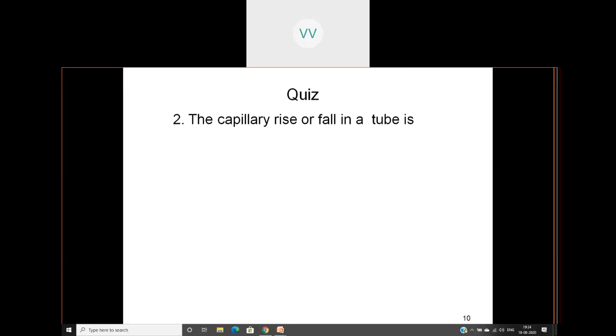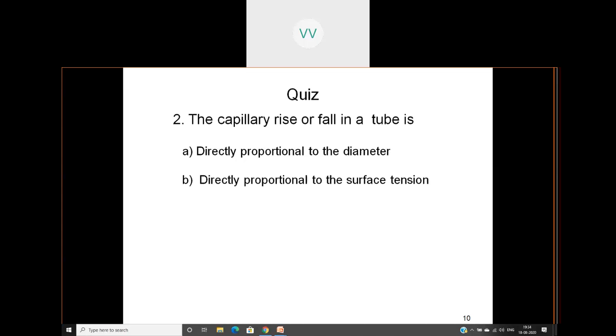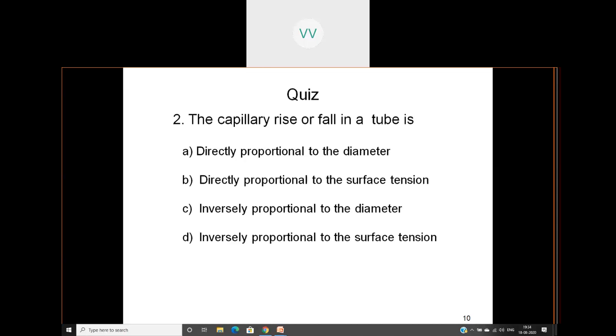Next, capillary rise or fall in a tube is dependent upon: directly proportional to the diameter, directly proportional to the surface tension, inversely proportional to the diameter, inversely proportional to the surface tension. So in the expression for the capillary rise or fall, we see that H is equal to 4 sigma cos theta by WD.